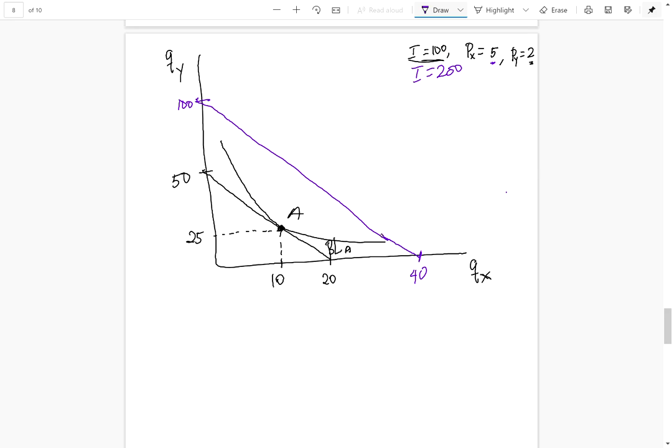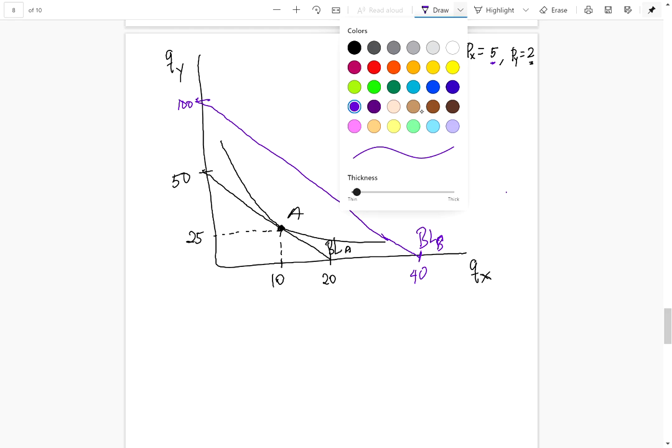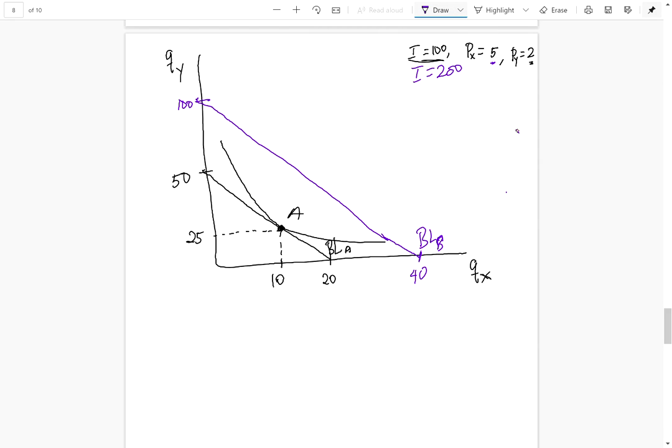There we go. So we see that rightward outward shift of the budget line. We'll call this BLB, budget line B, or budget constraint B. And now I want to see how this affects the optimal consumption.